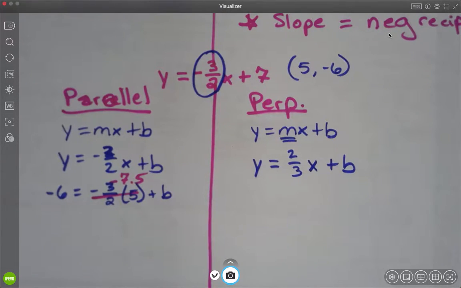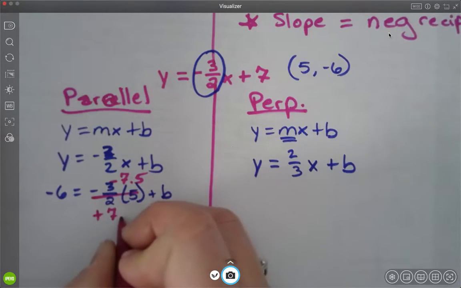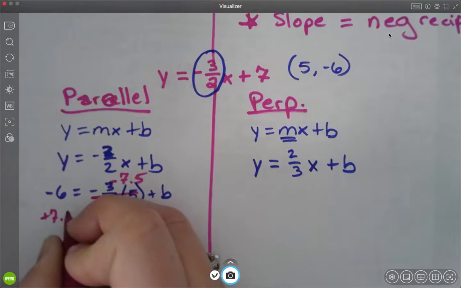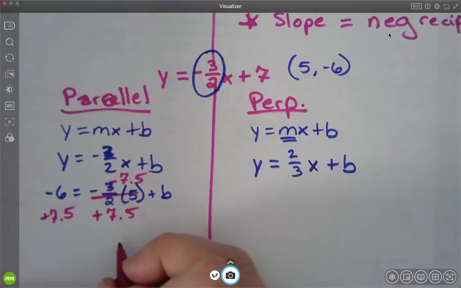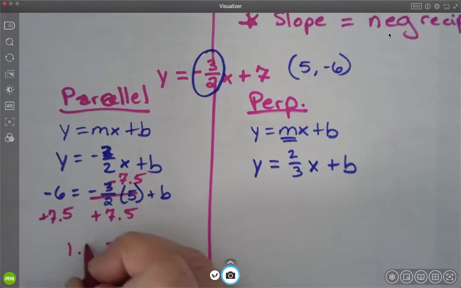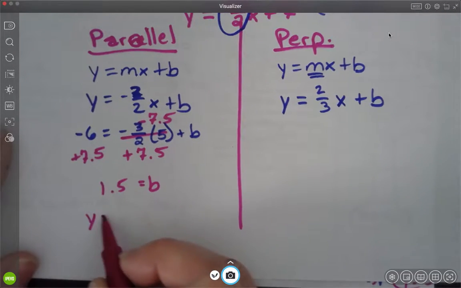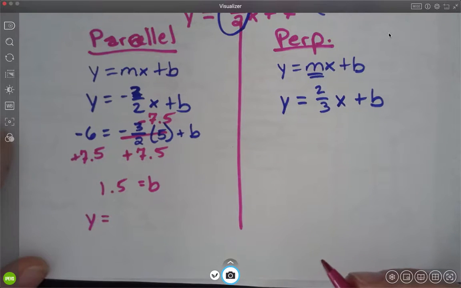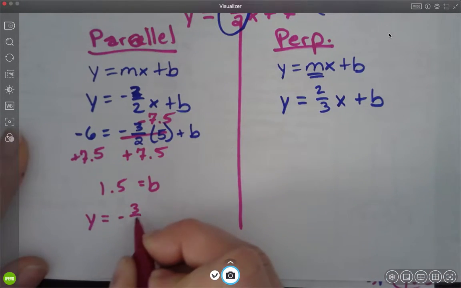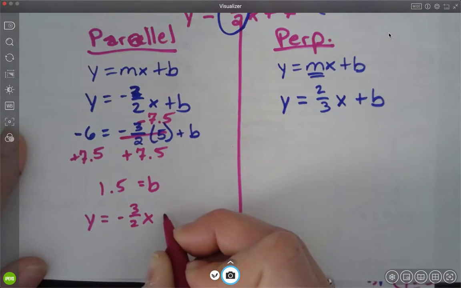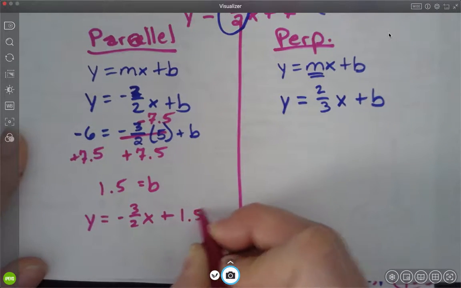He's already minus, so add it over. Plus 7.5, plus 7.5. So what's 7.5 and a -6? 1.5. Am I done? No, write the equation. y equals -3/2x plus 1.5. There you go. Beautiful.